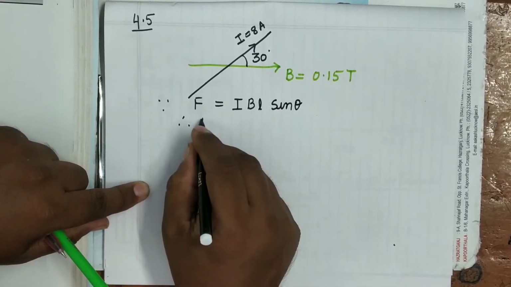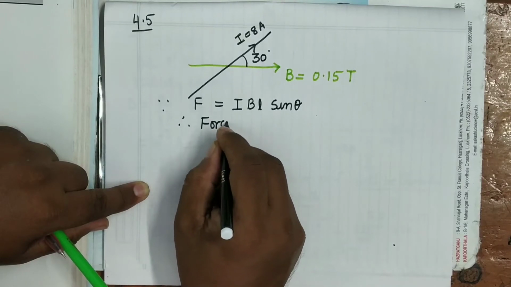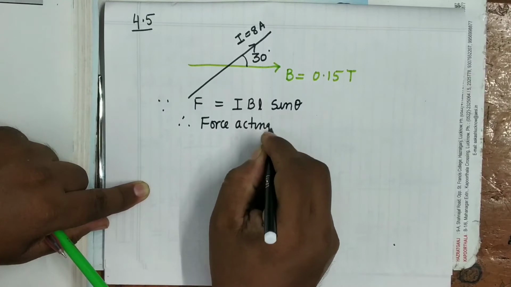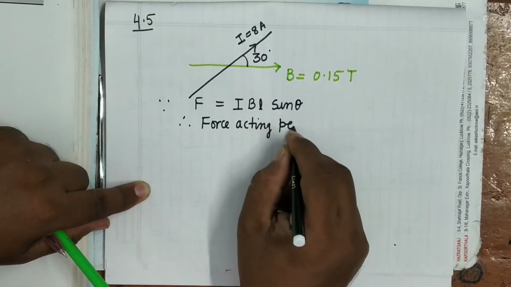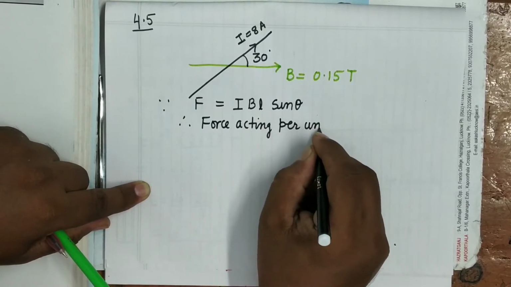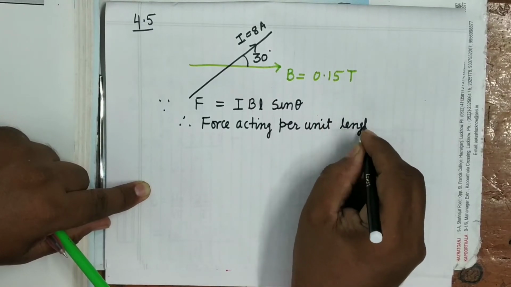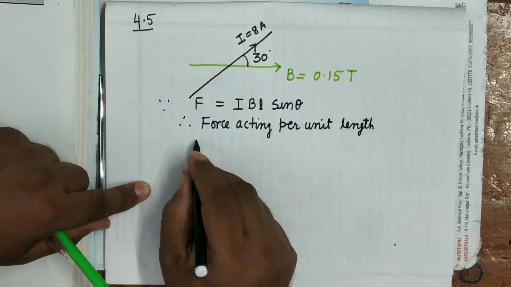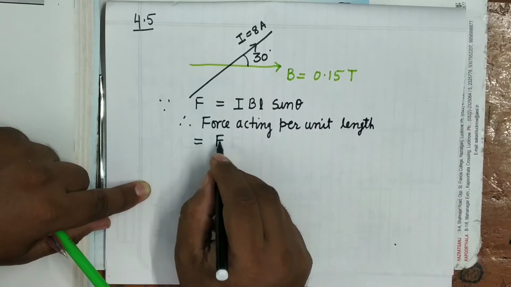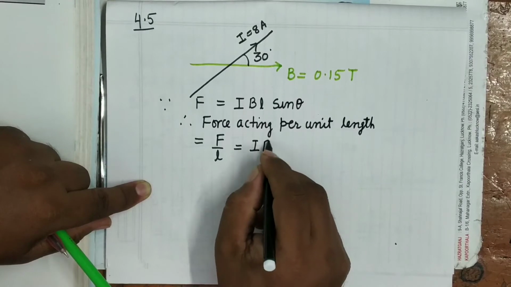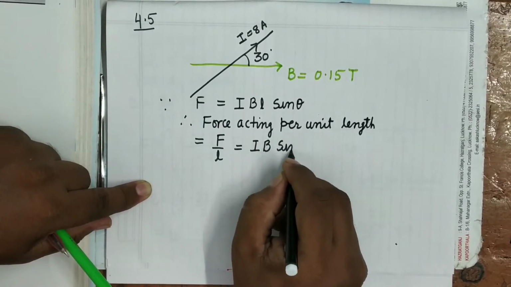Therefore, the force acting per unit length is F upon L equals I B sin theta.